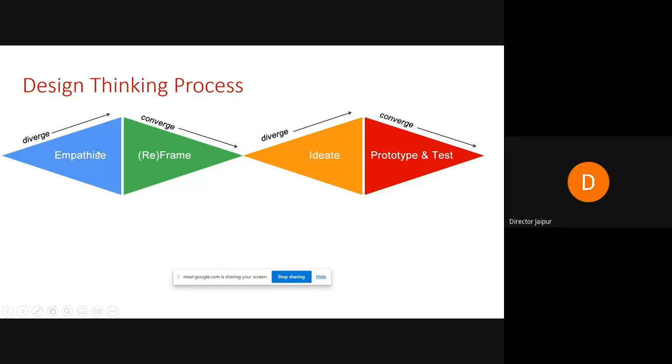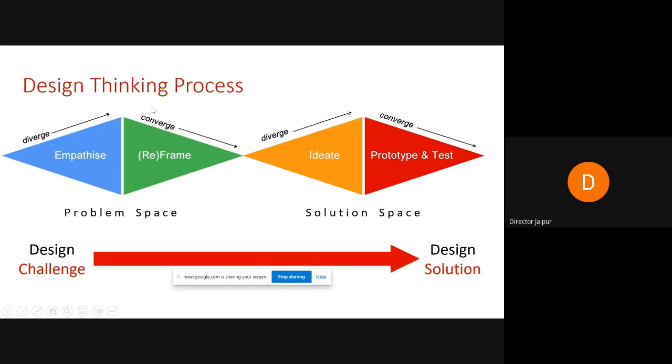There also they say about empathize and then frame. That means you diverge from some idea and converge. That means you do a lot of homework here in the first phase. Then you converge onto something. Then you again ideate what shall I do, what should our company do, or what should our modeling do, and then they converge on the prototype and test. So this is your problem space, and this is your solution space.